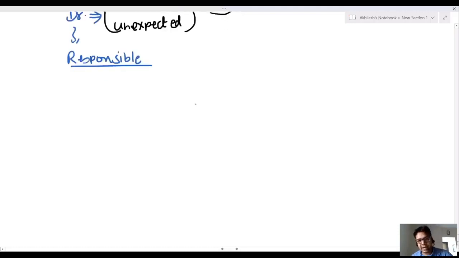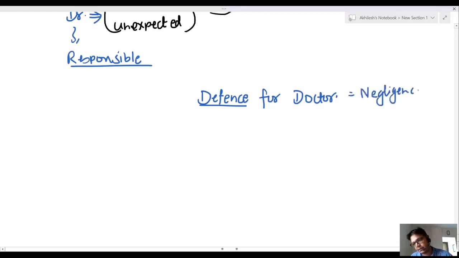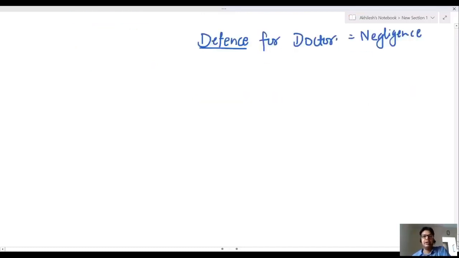Now, sir, what are the defenses available for a doctor? Defense for a doctor in medical negligence cases means, first, the doctor should take informed consent.